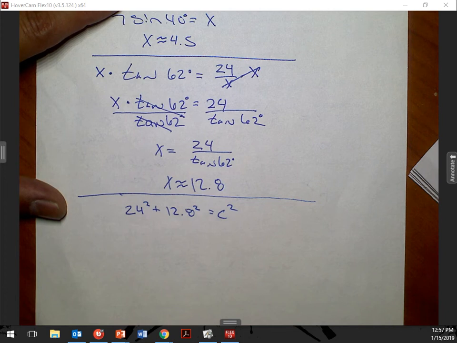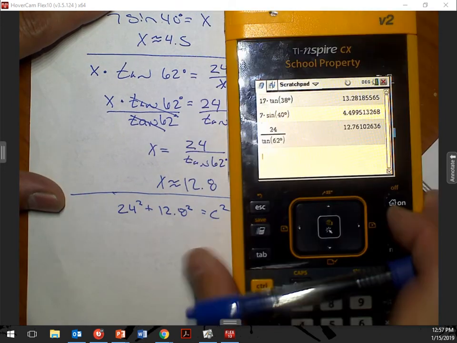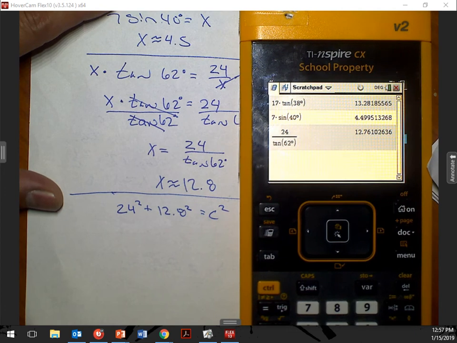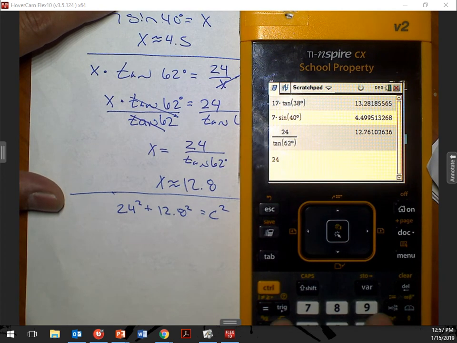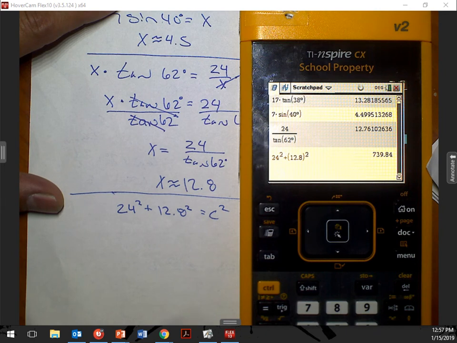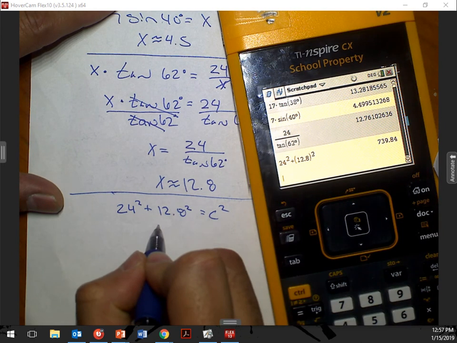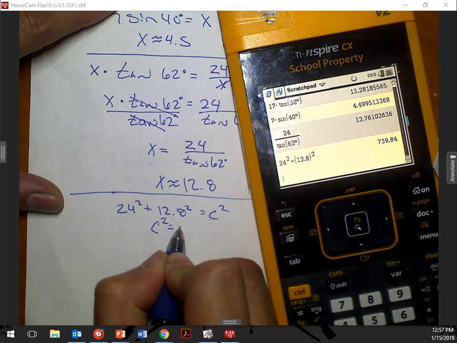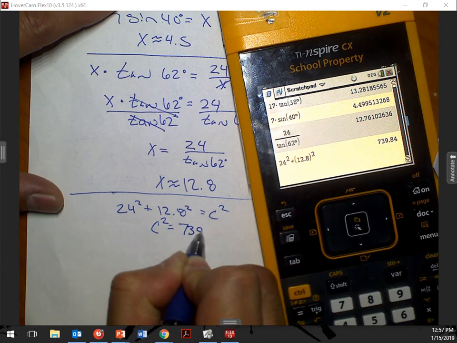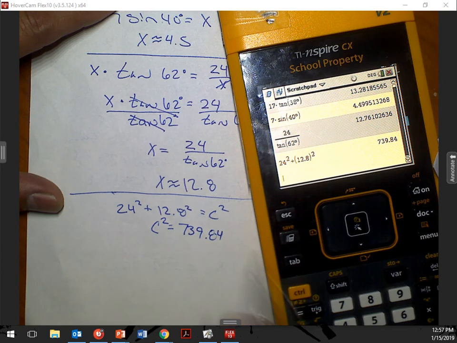Let's do the math. So 24 squared plus 12.8 squared. I get C squared is equal to 739.84.